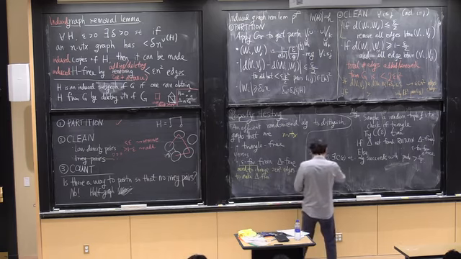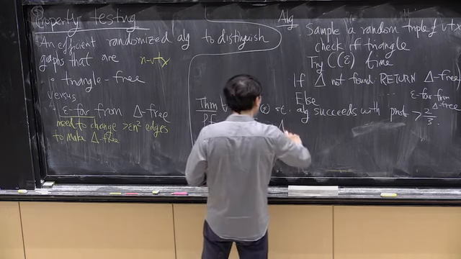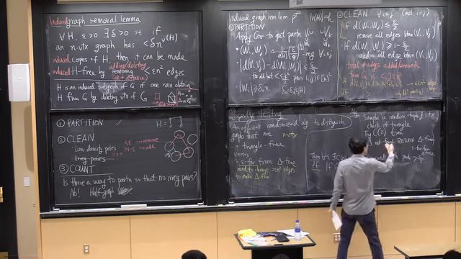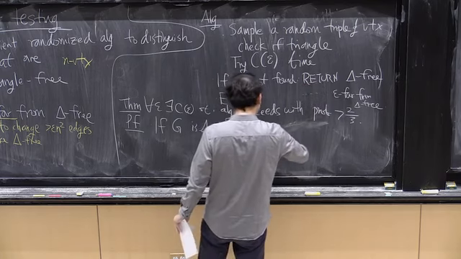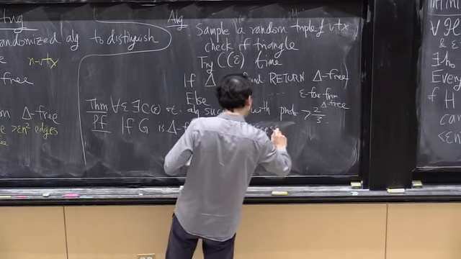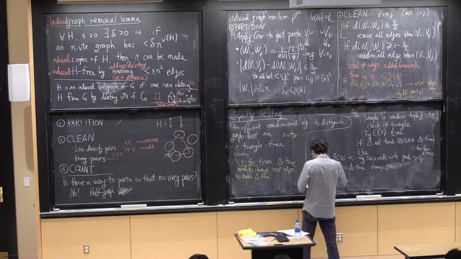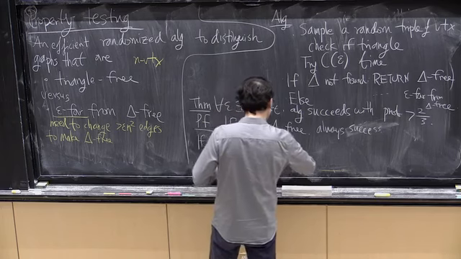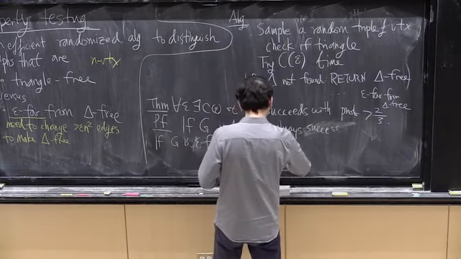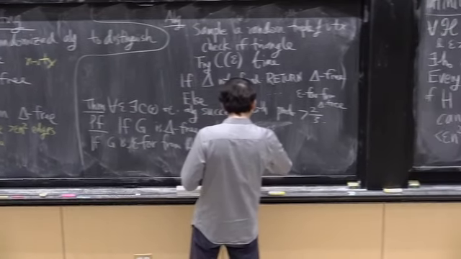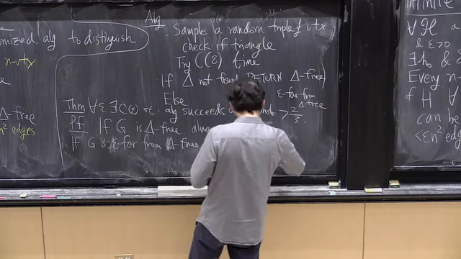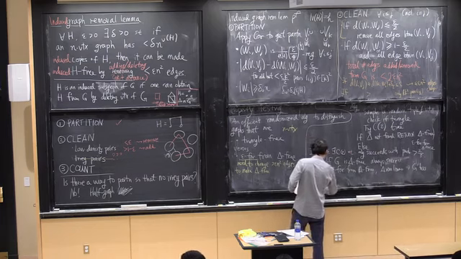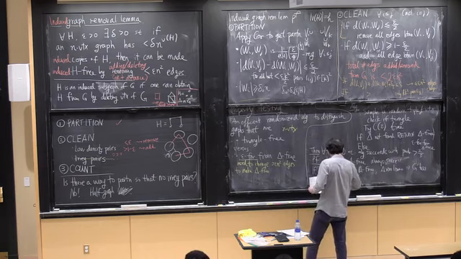Okay, so there are two cases. If G is triangle free, then it always succeeds, right? You will never find a triangle, and it would return triangle free. On the other hand, if G is epsilon far from triangle free, then the triangle removal lemma tells us that G has lots of triangles, delta n cubed triangles.